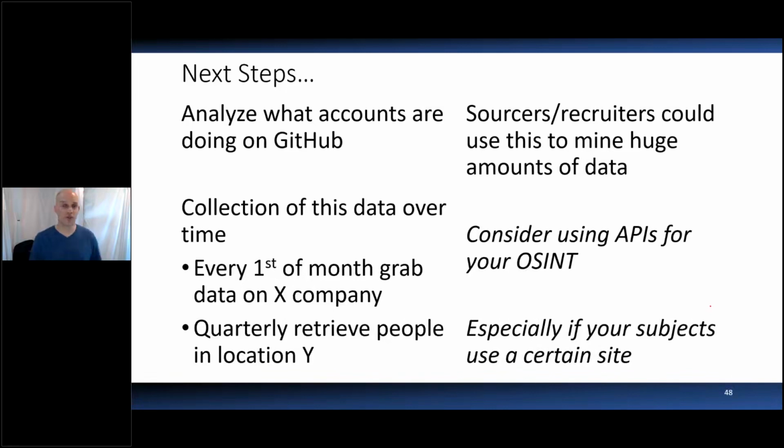This data goes back a long ways. So the question is, could you do some kind of data pull like this on a monthly or quarterly basis, and watch for a given account when they update their email or their company, and track users over time? The answer is most definitely yes.